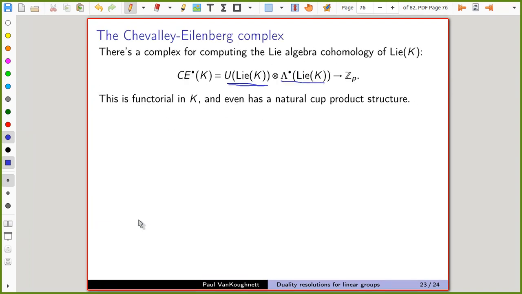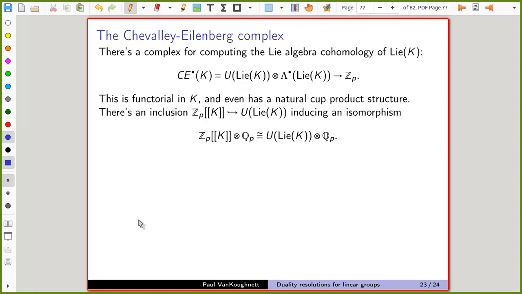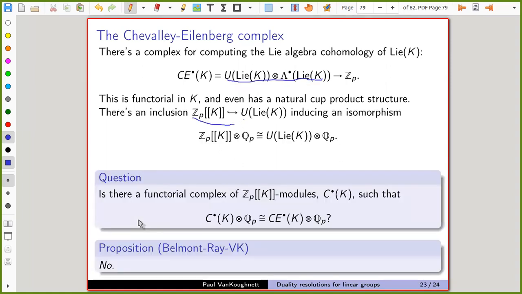I like your proposition, the shortest proposition on Earth. But why can't you just take, I guess here the action of the Lie algebra of K on the universal enveloping algebra is the adjoint action, right? Why can't you just take the Lie algebra itself with the adjoint action as coefficients?